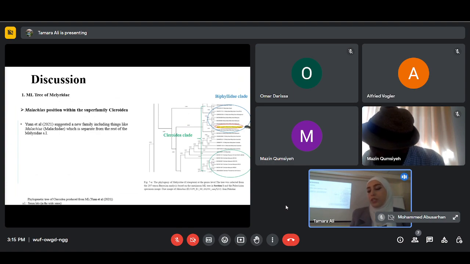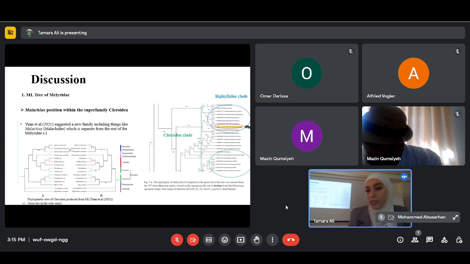Yang 2021 suggests a new family including genera like Malachius, the Malachiidae, which is separate from the rest of the Melyridae sensu lato, in the wide sense. So our tree showed agreement with Yang's tree.